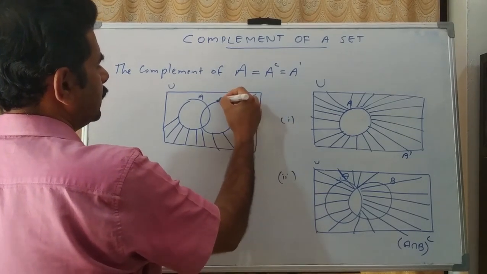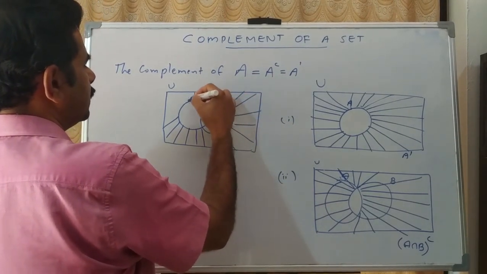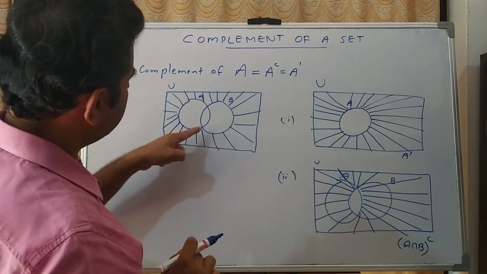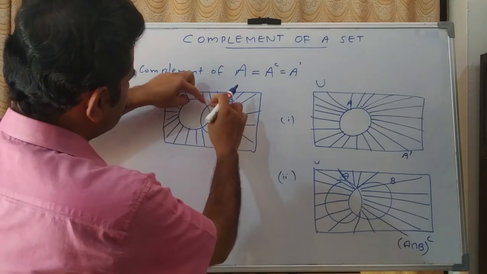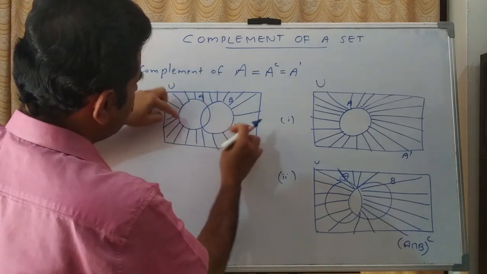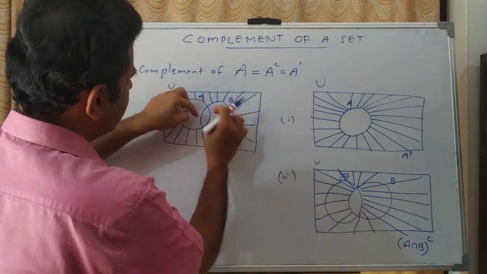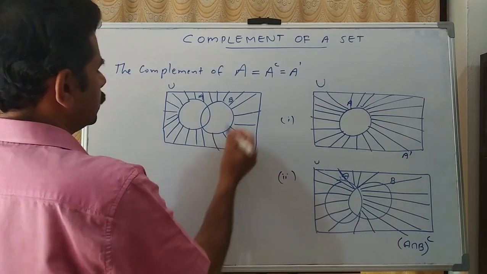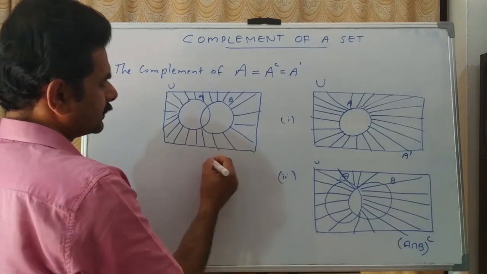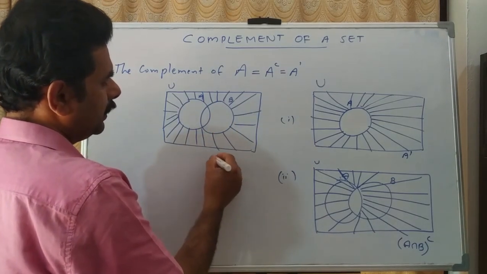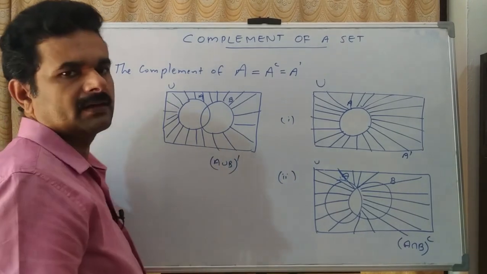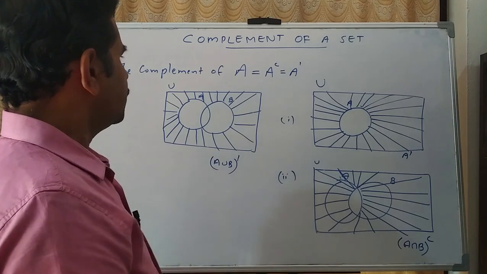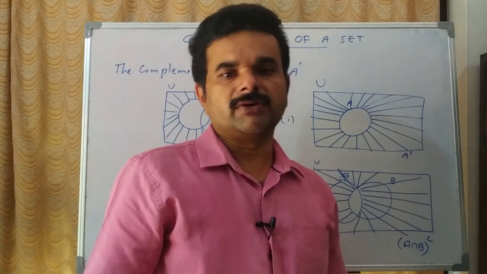The area other than A union B. A union B is this one, the total or join of A and B. The total of A and B is what? A union B, and the shaded part is other than A union B. So this shaded part is represented as what? A union B complement, or A union B whole complement. Okay, so this is the idea of the complement of a set.